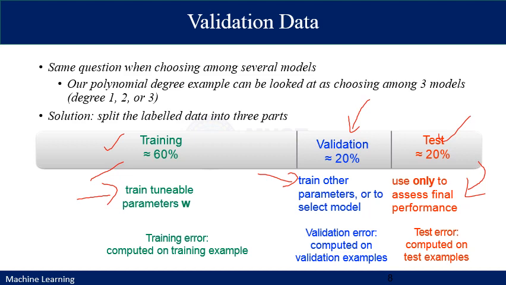So again you have to measure three errors in this case: the training error, computed on the training examples; the validation error, computed on the validation examples; and finally the generalization error or test error, computed on the test examples. The division is not necessarily 60-20-20. You can employ different proportions depending on the amount of data available to you, but for smaller datasets this is a good division to choose.